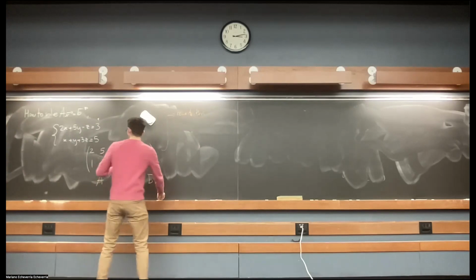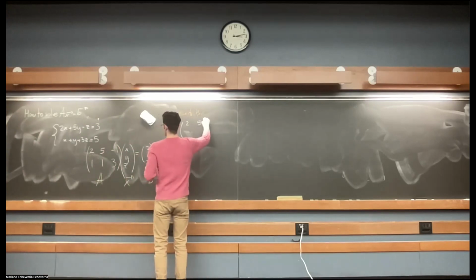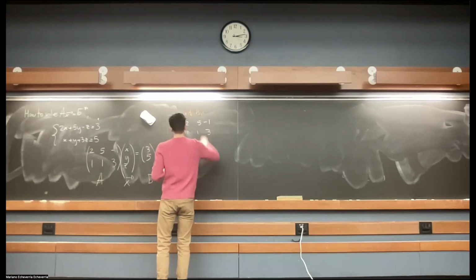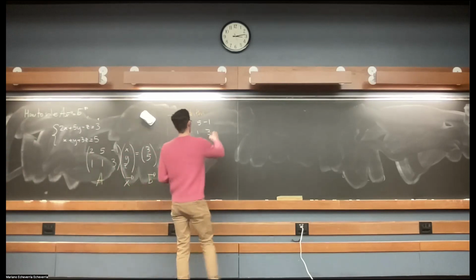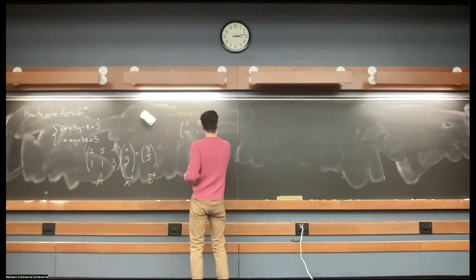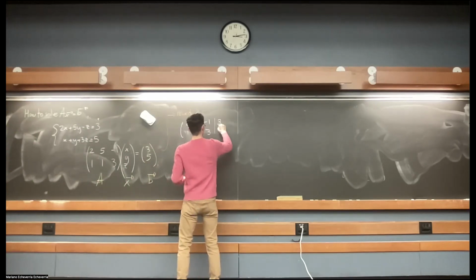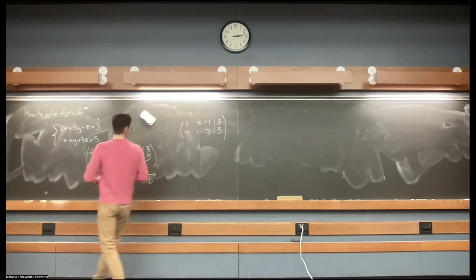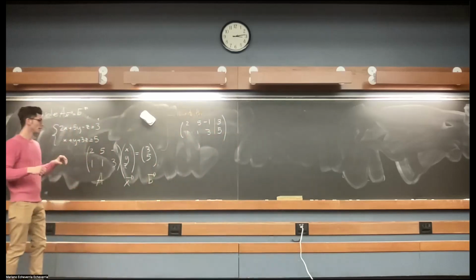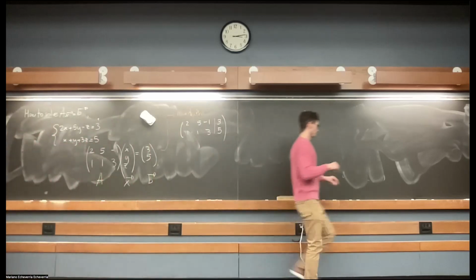You still copy the same coefficients, or entries, 2, 5, -1, 1, 1, 3. And instead of putting x, y, z, you forget about those. And you put a vertical line and then just copy the coefficients of the vector B. This is called the augmented matrix.